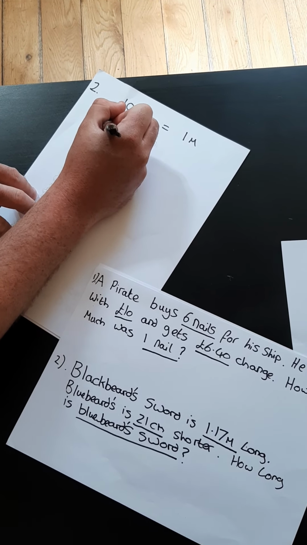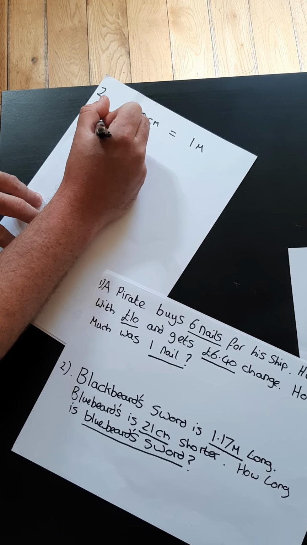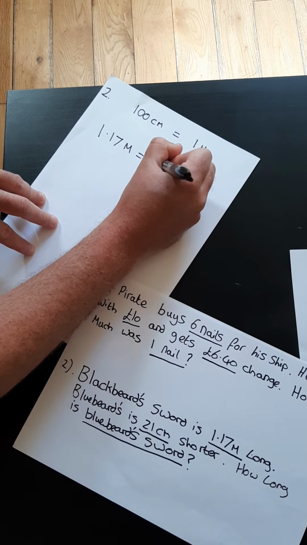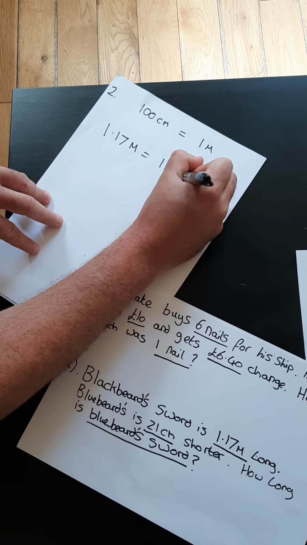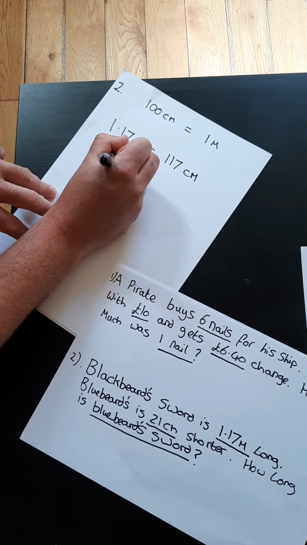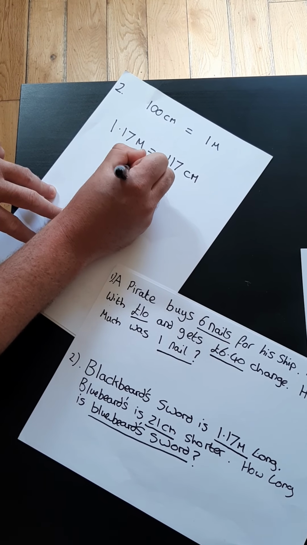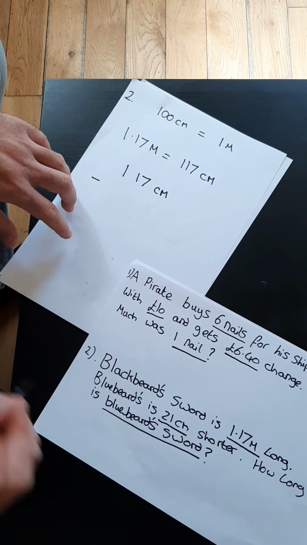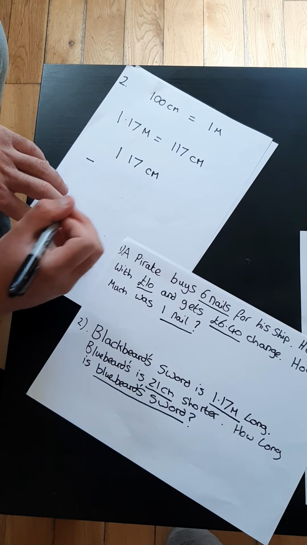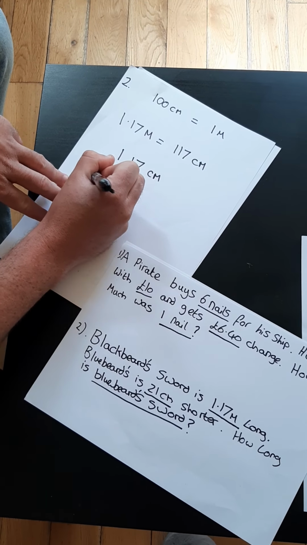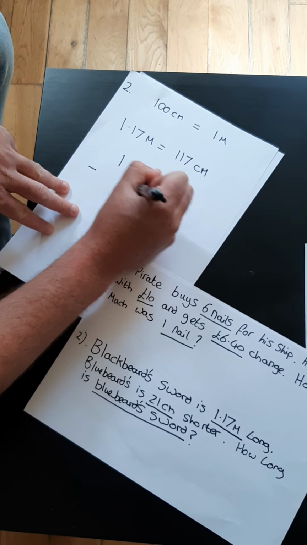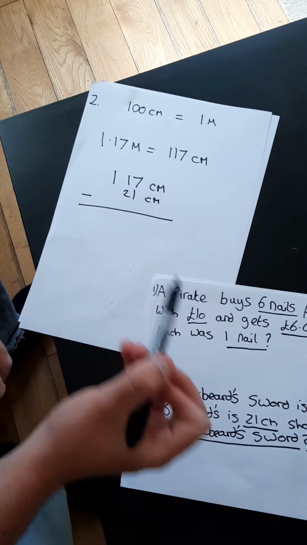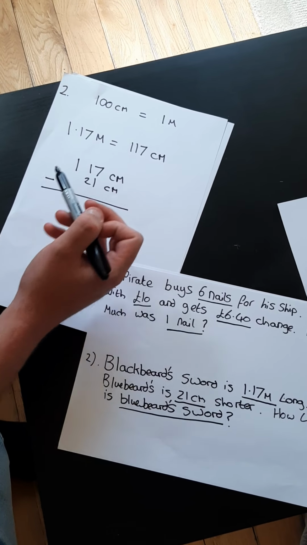So we have 1.17 metres equals 117 centimetres. So we do 117 centimetres, subtract the length of Bluebeard's sword, which is 21 centimetres. The reason we are doing this is because Bluebeard's sword is 21 centimetres shorter, so we've got to take that away.